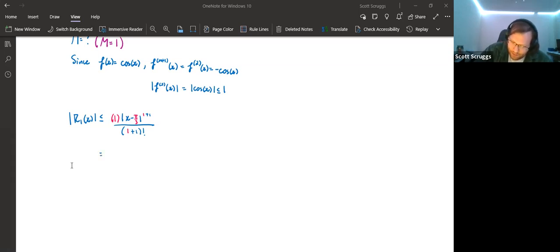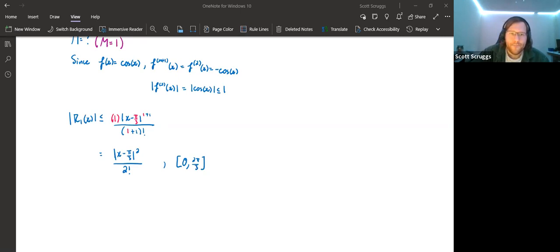Simplifying, what I get now is x minus pi over 3 inside the absolute value squared over 2 factorial for that. Keep in mind that we are working within the interval 0 to 2 pi over 3.